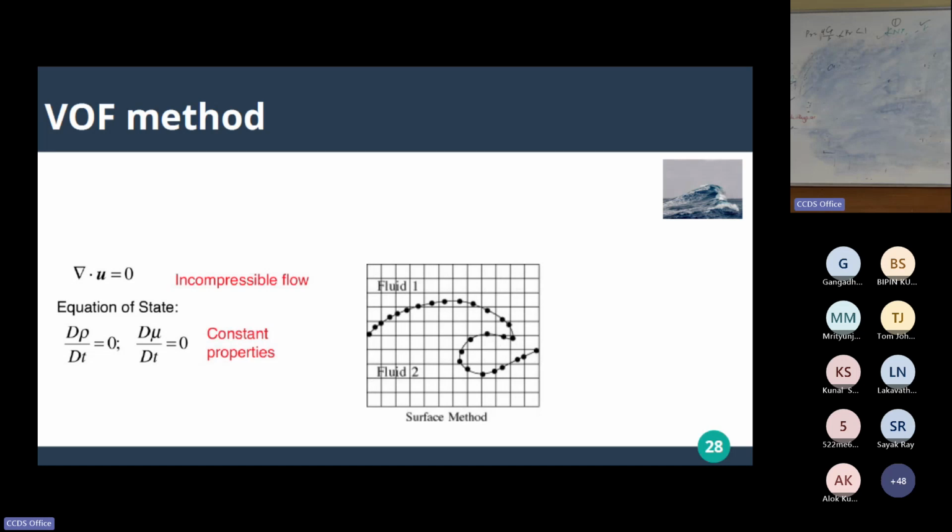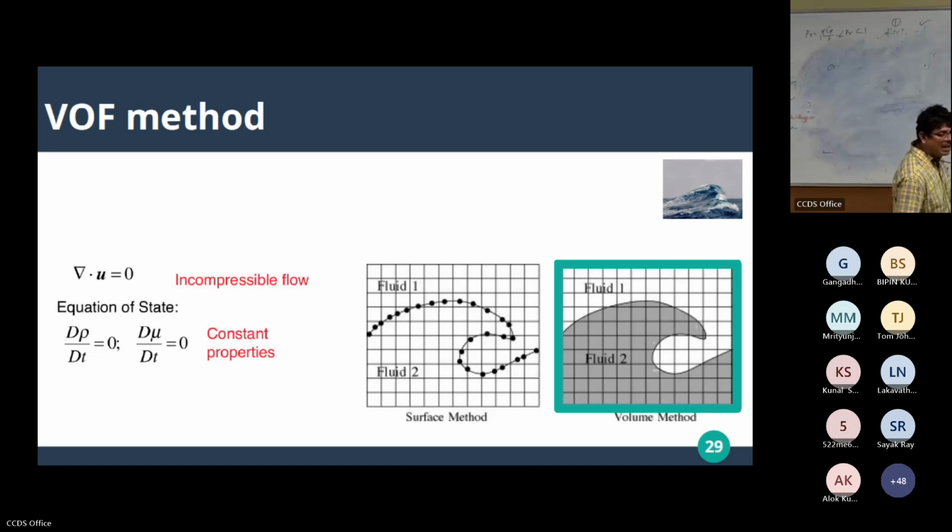Now you are in liquid, so use liquid properties. So there will always be some control to sense it. And that control, how carefully you will be in a position to jump from 0 to 1, will be in a position to really track what is happening at the interface. If we are going to do that, we call it the volume of fluid method.